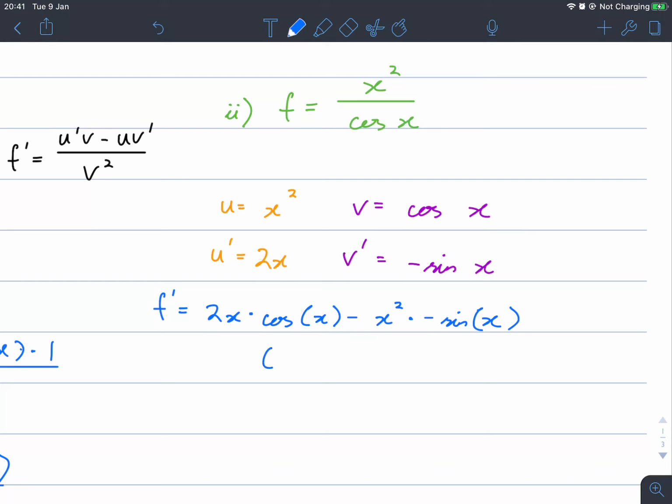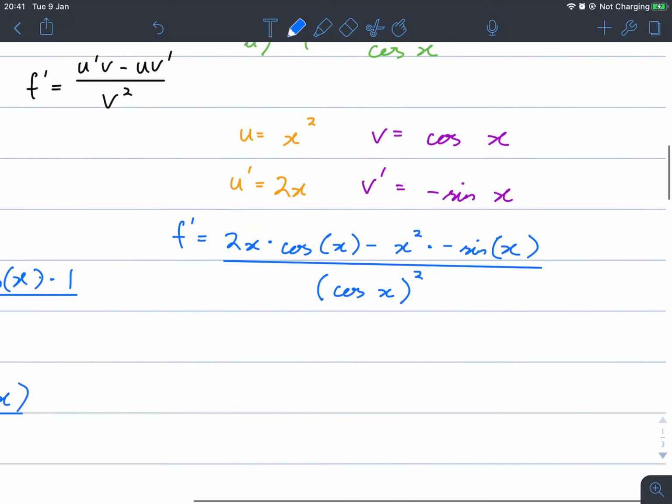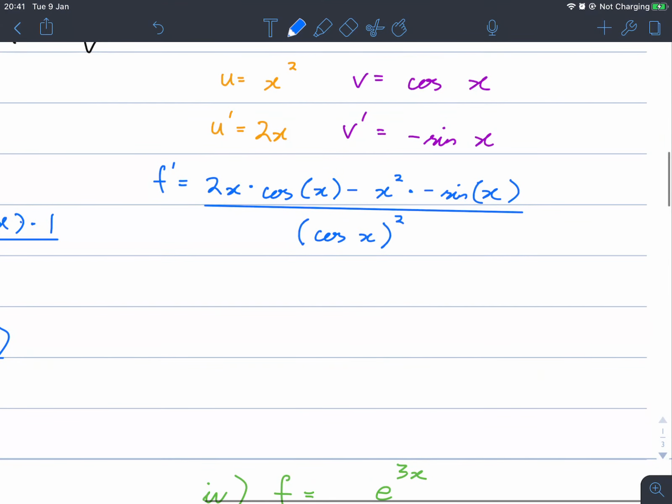So this is, I totally messed that. Cosine of x squared.